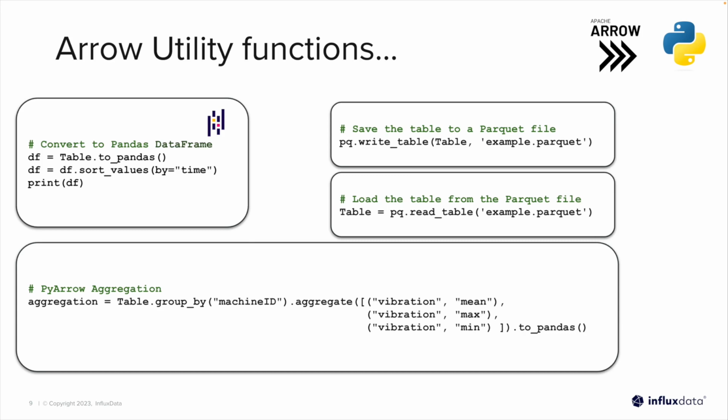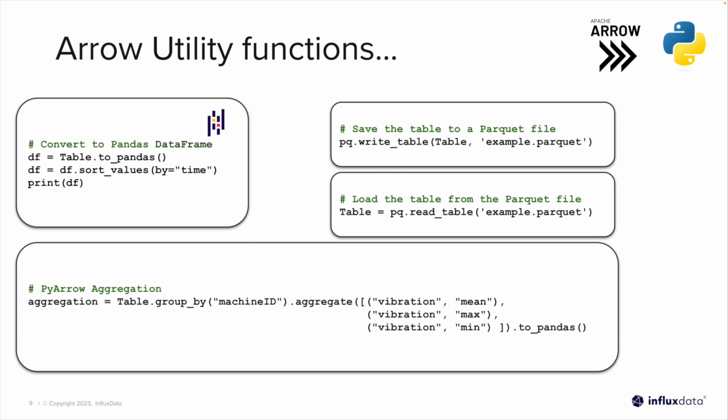Other things that we can do while it's still in Arrow format, and we actually use some of these under the hood, is that you can write your PyArrow data to different file formats such as Parquet, JSON, CSV. In this case, what you can do is write your data to a Parquet format. You could then even read your data back in. This is really great if you want to save some of your data client side and then hot load it back in.